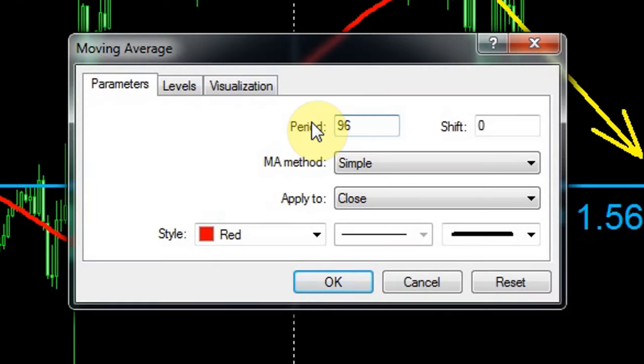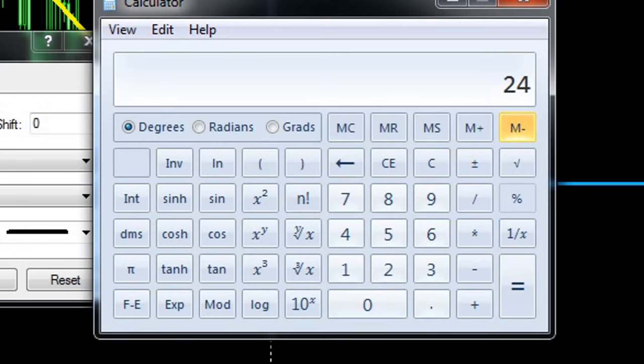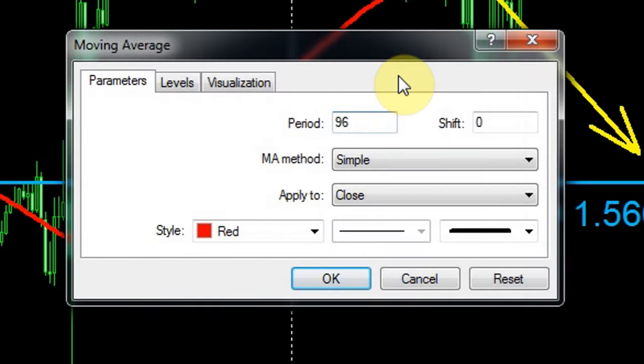And the reason why I chose 96 is because there's 24 hours in a day and there's 4 M15 bars in an hour. So if we take 24 and we multiply it by 4, we'll get 96. So that means 96 of these M15 bars actually represent one full day. And it's always good to have these reference points.